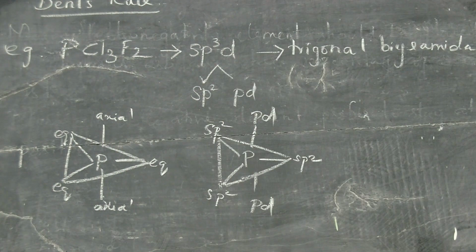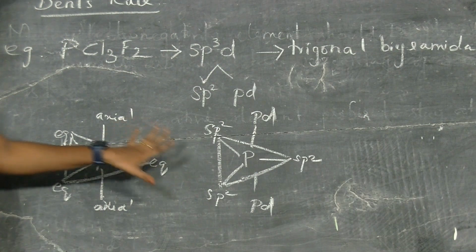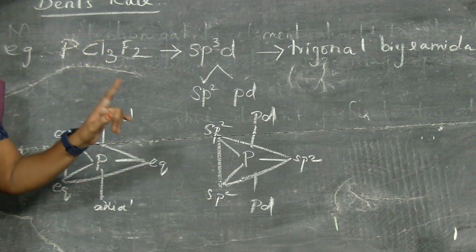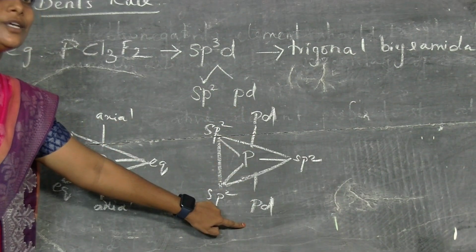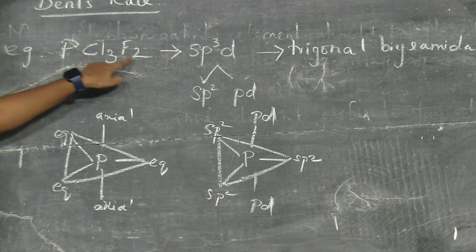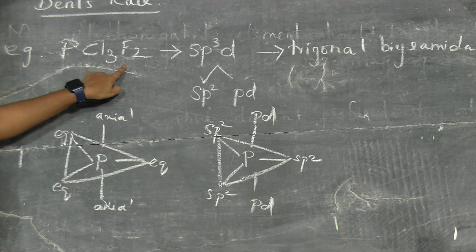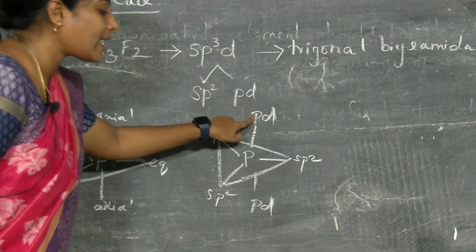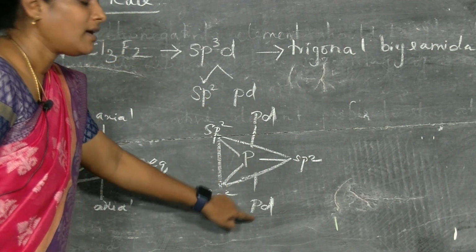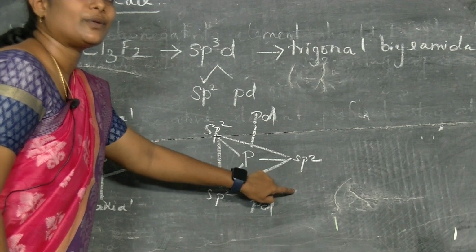We have already seen that a more electronegative element will always prefer to stay at the axial position. So in this compound PCl3F2, fluorine acts as the more electronegative element, so it prefers to stay at the axial position when compared to the equatorial position.